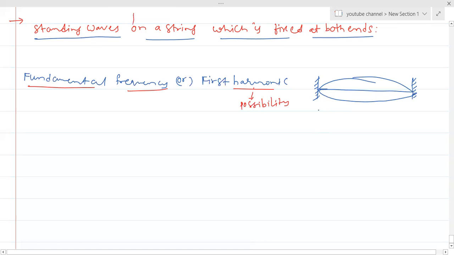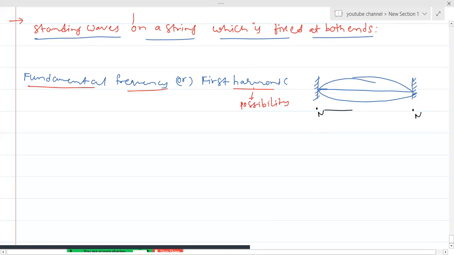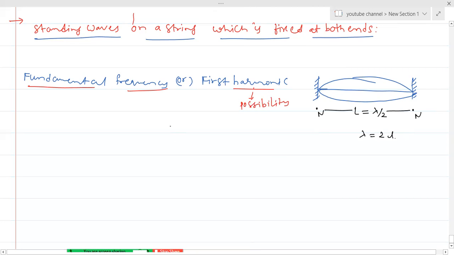So this is the node, and this will be the node, and the length of the wire is equivalent to lambda by 2. Therefore lambda equivalent to 2L, and the frequency equivalent to V by lambda, that is V by 2L.